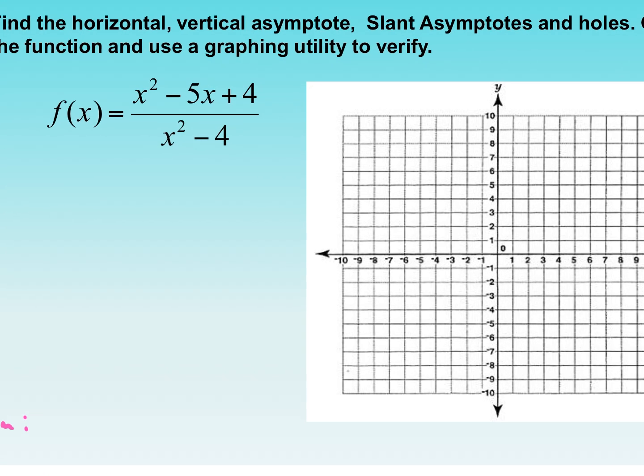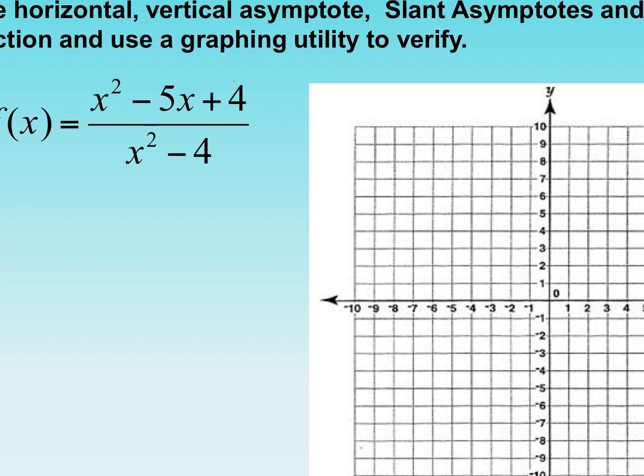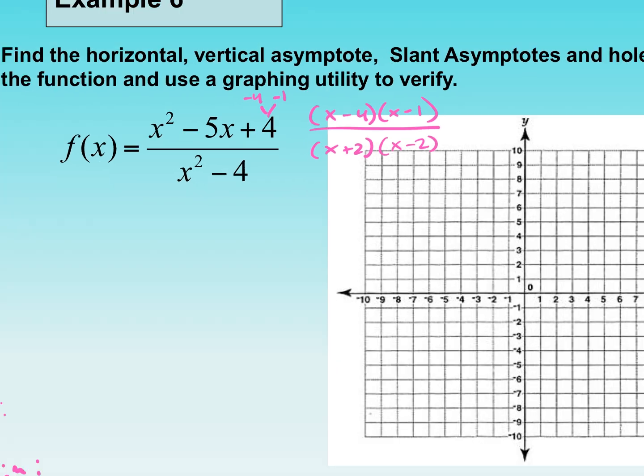We got to see if we have any common factors. So starting with our numerator, what are 2 factors of 4 that add to -5? -4 and 1. So we've got x minus 4 and x plus 1. -1, yes. X minus 1. How would we factor our denominator? X plus 2, x minus 2. Do we have any common factors? Nope, so we're going to say no holes.